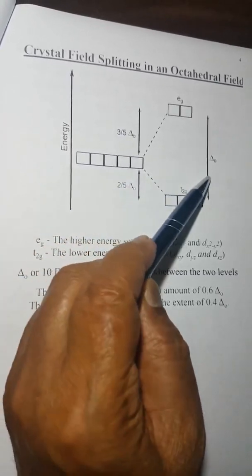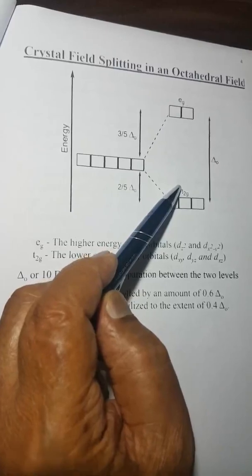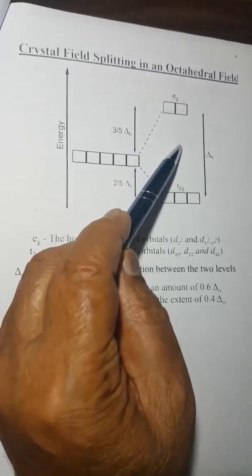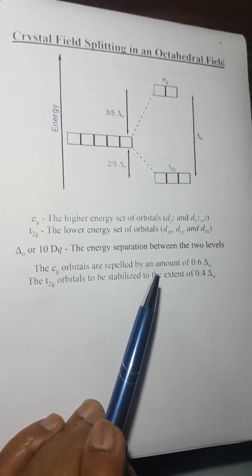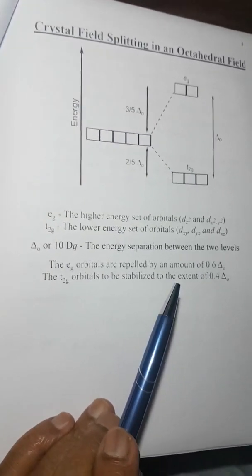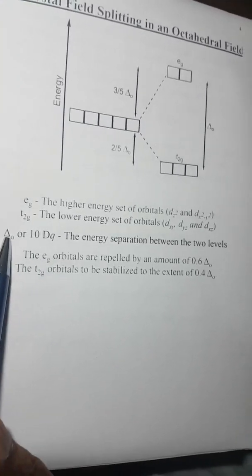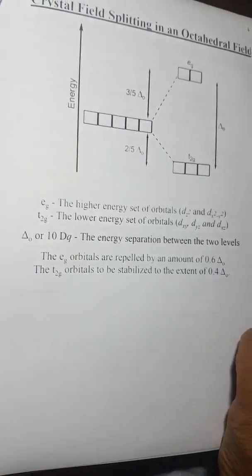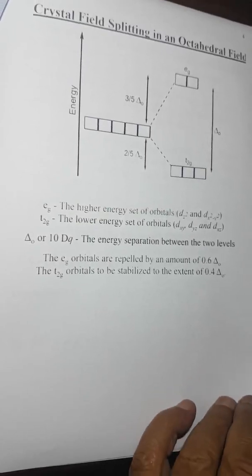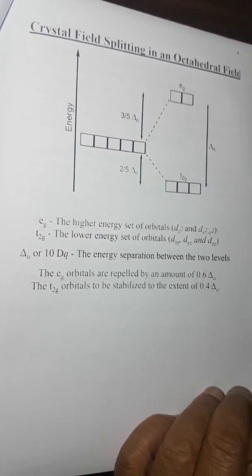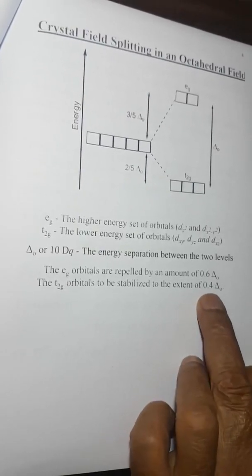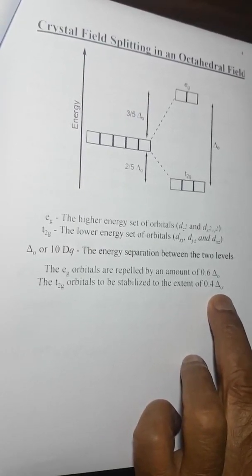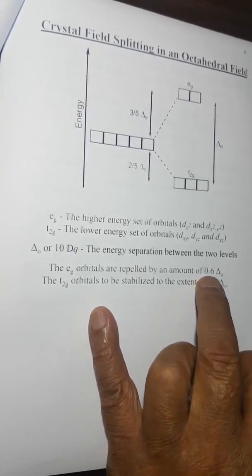That means 4 parts down, and this is 6 parts up there. So eg is the higher energy set of orbitals and t2g is the lower energy set. Delta octahedral, or 10 Dq, is the energy separation between the two. This is also represented by 0.4 delta octahedral for t2g and 0.6 for eg.